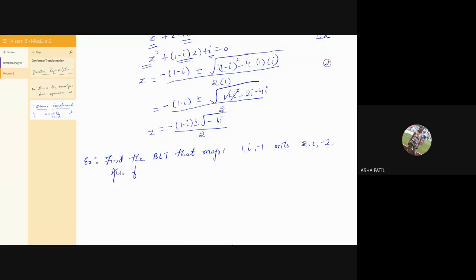Also find the critical points. So again, the same invariant points, fixed points, or they are also called critical points.